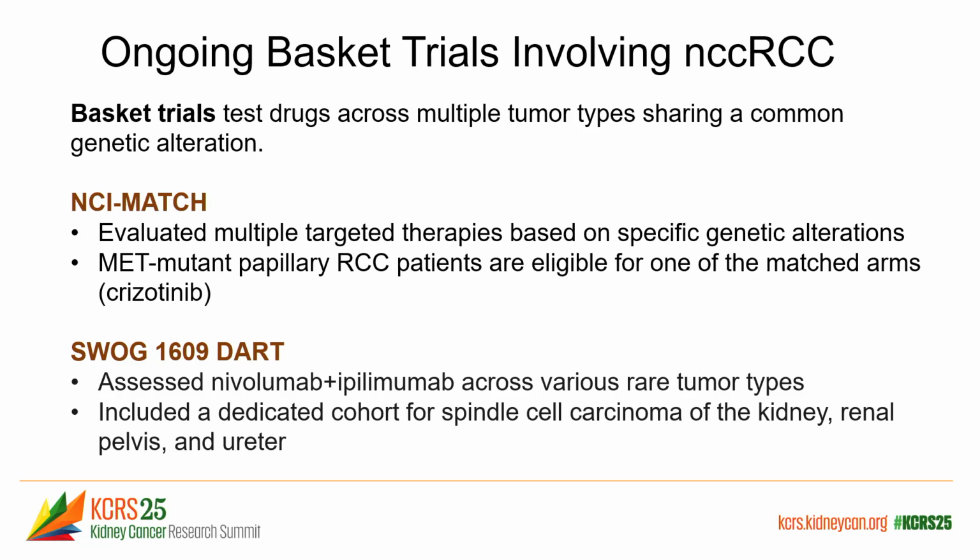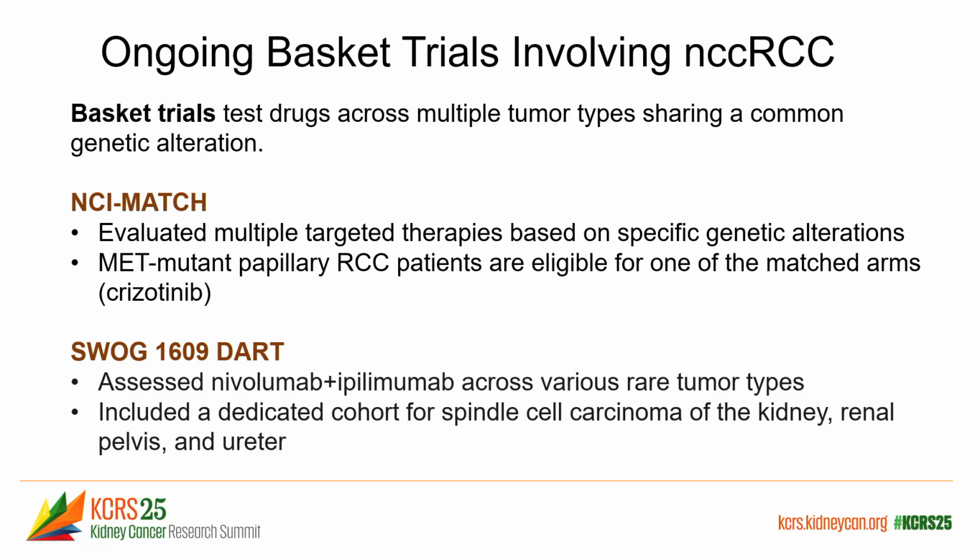There are also ongoing basket trials which may involve non-clear cell RCC. Basket trials test a drug across multiple tumor types which share a common genetic alteration. For example, the NCI-MATCH trial is a basket trial which evaluates multiple targeted therapies based on specific genetic alterations. MET-mutant papillary RCC could be eligible for one of the matched arms.